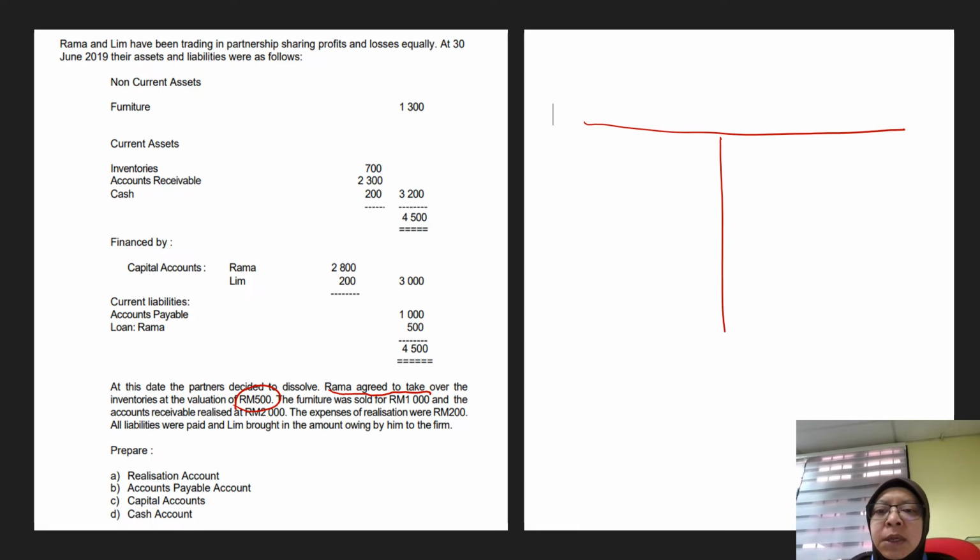So later in our realization account, we will put on the credit side as capital, Rama, based on the takeover value, which is 500.